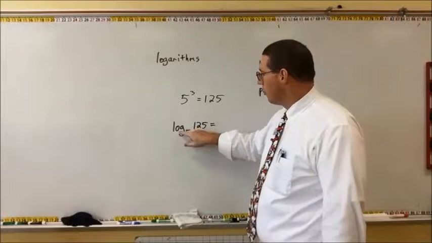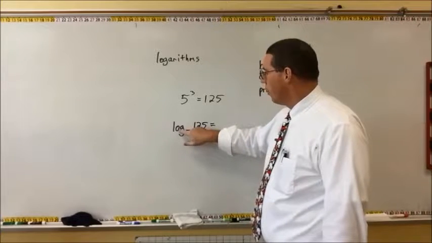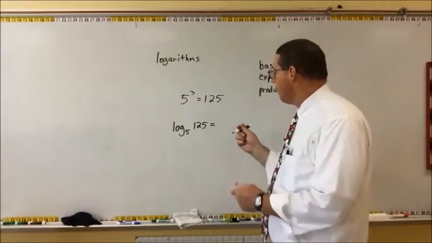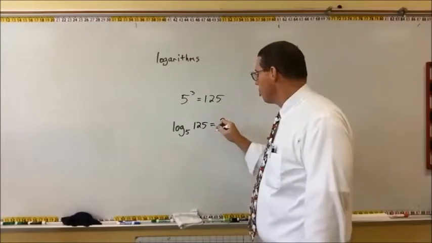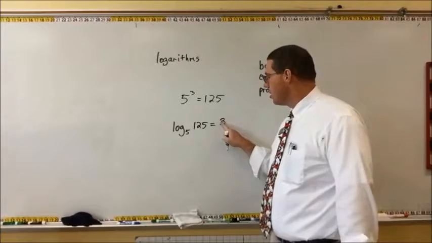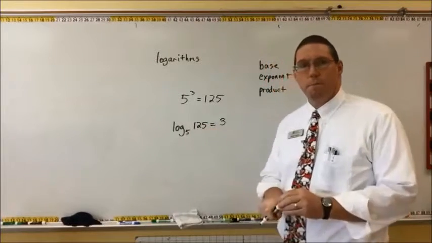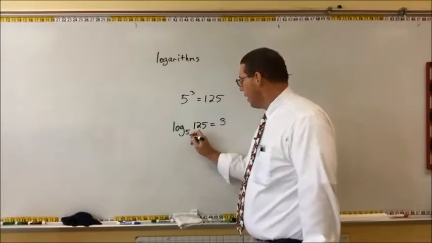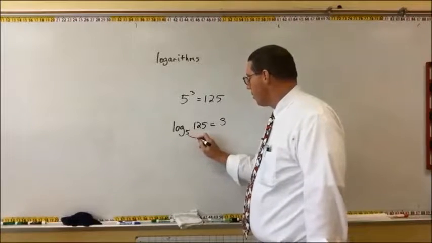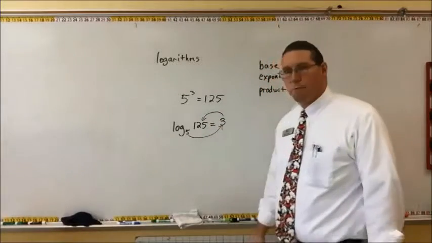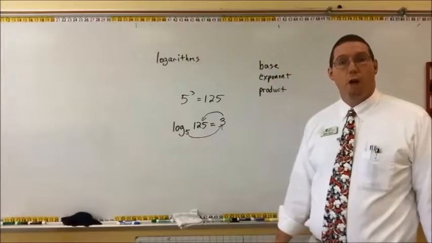So the logarithm base 5 of 125 is equal to 3, because 3 is the exponent on 5 that will give you 125. So another way to think about it is this number to this power is equal to this product. Okay, that's what a logarithm is.